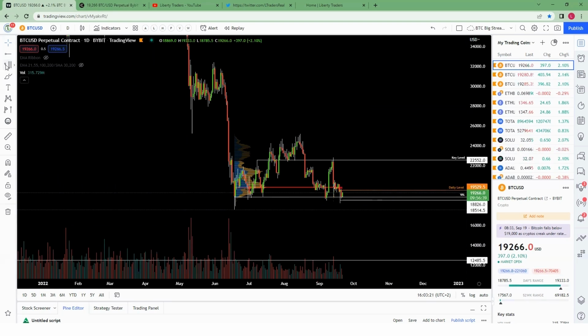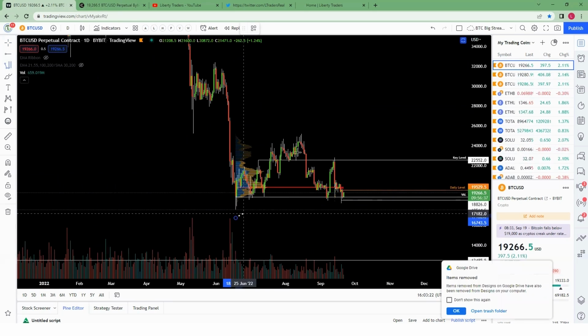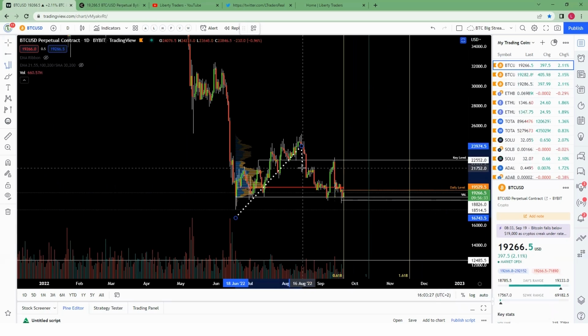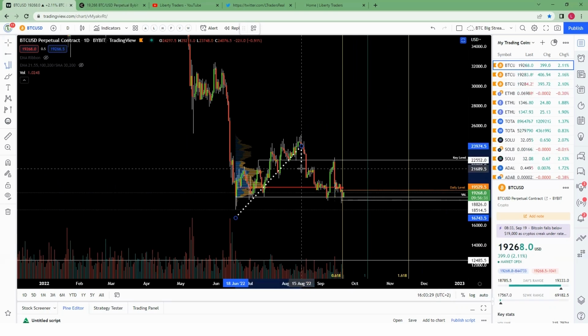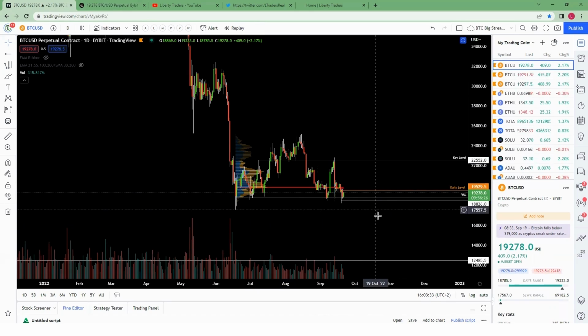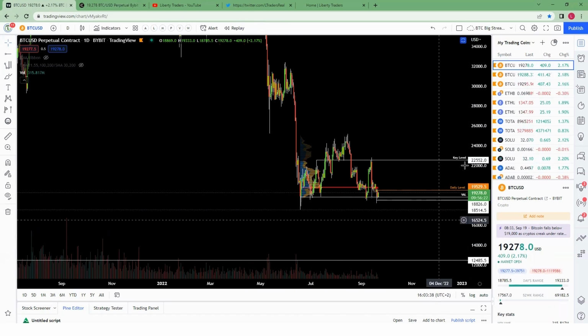That's what I'm waiting for. I'm definitely going to be looking at this area for this 1-to-1, coming to the 12th of October. If we are at the lows in that time, I'm definitely going to be looking for longs because of that correction.